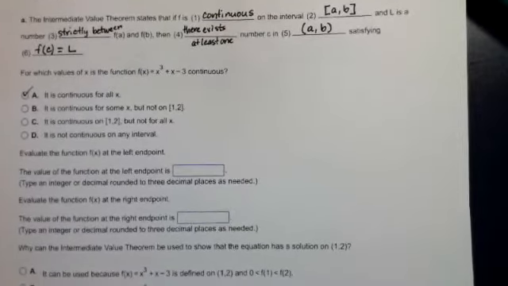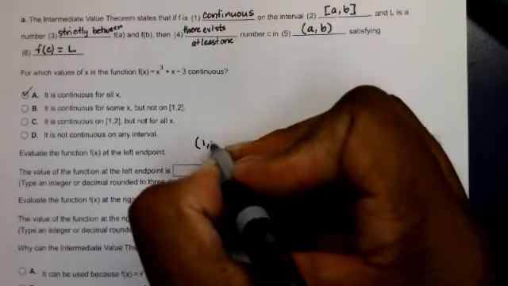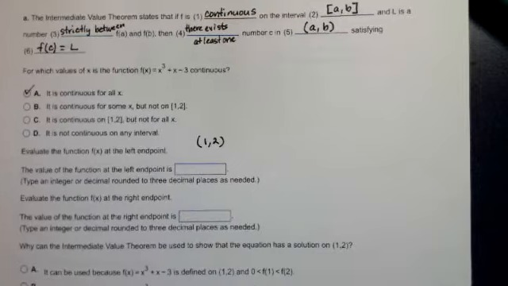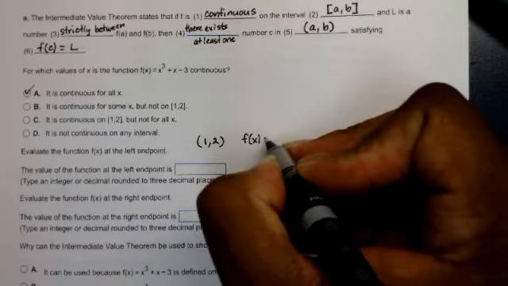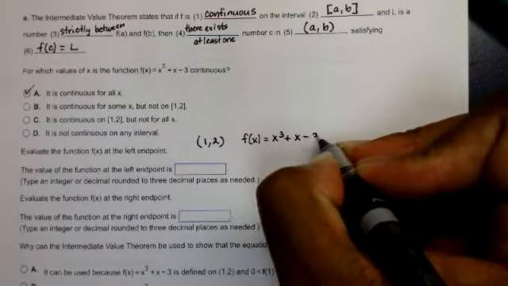All right, so in this case, my open interval that I was given is 1, 2. So my left endpoint would be 1, the right endpoint would be 2. And here, the function f of x is equal to x cubed plus x minus 3.